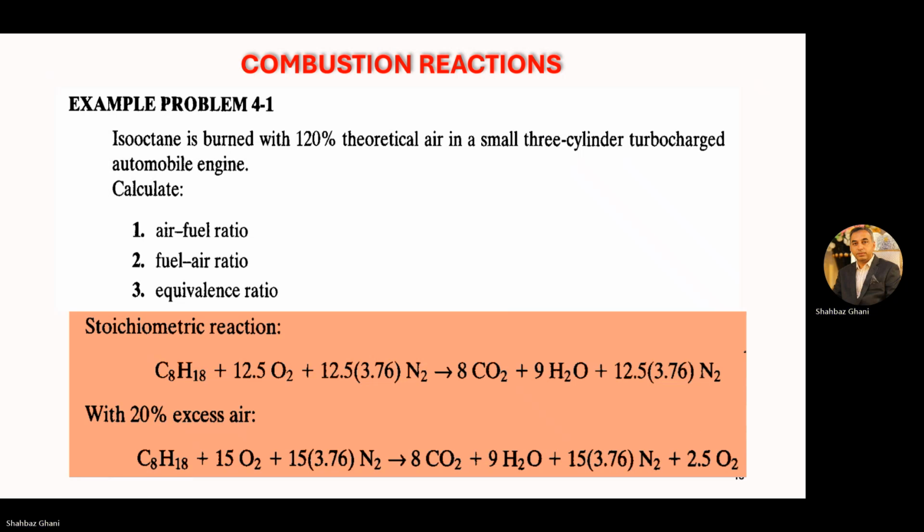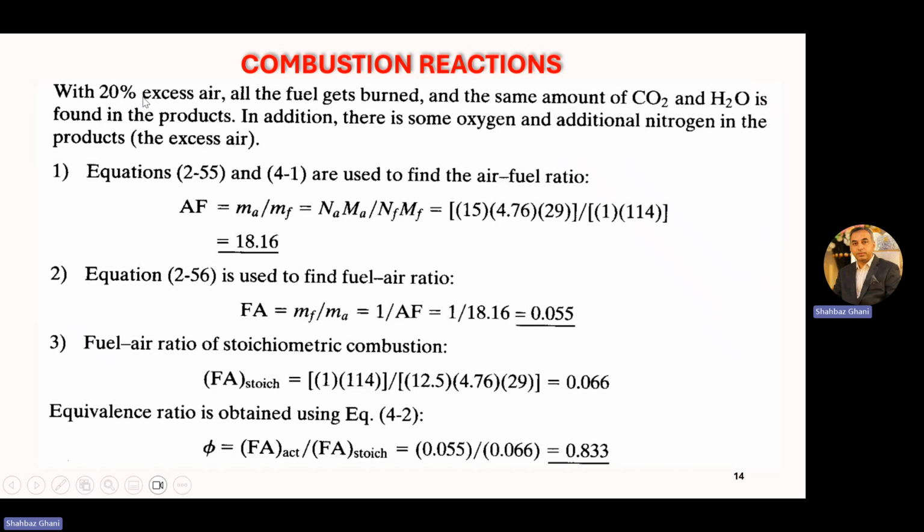Now, with 20% excess air, all the fuel gets burned and the same amount of carbon dioxide and water vapor is formed in the products. In addition, there is some oxygen and additional nitrogen in the products, the excess air. We know equations 2-55 and 4-1 are used to find the air-fuel ratio. Air-fuel ratio is mass of air divided by mass of fuel.